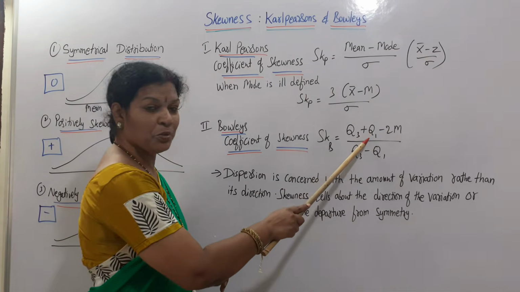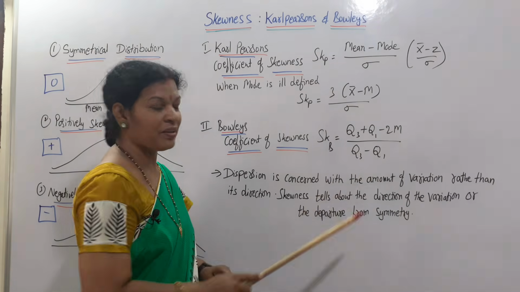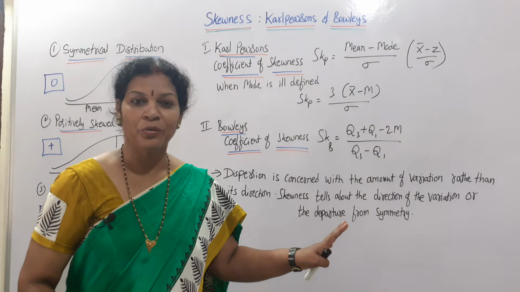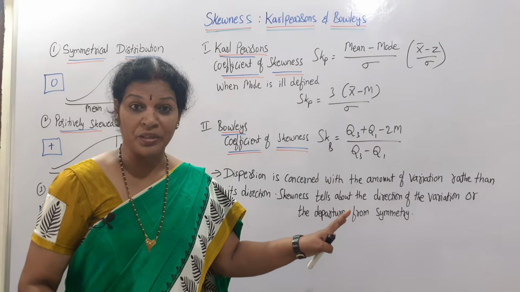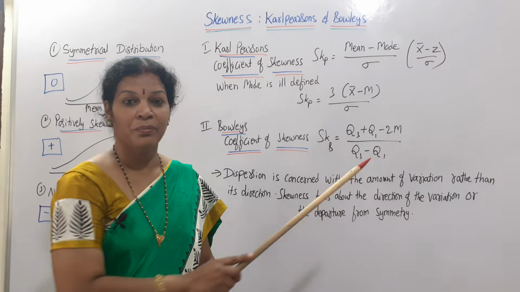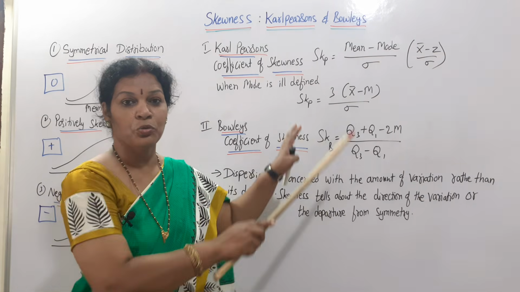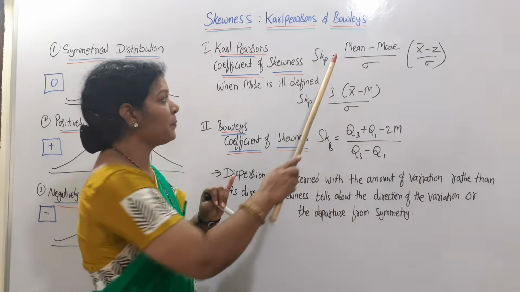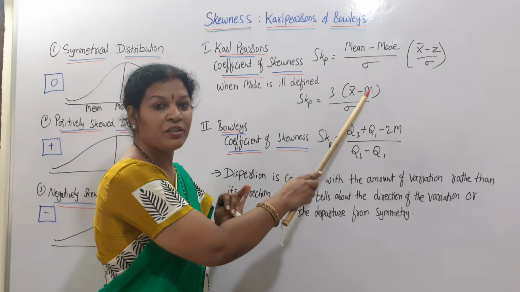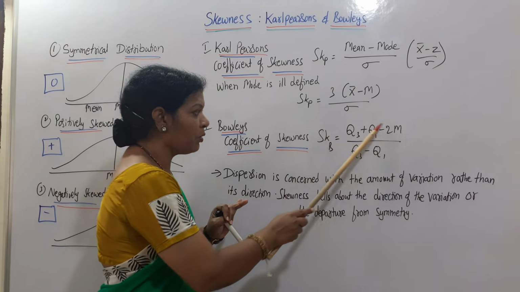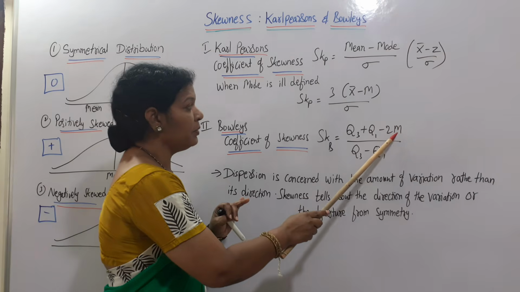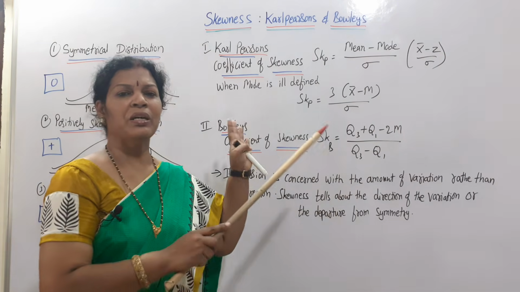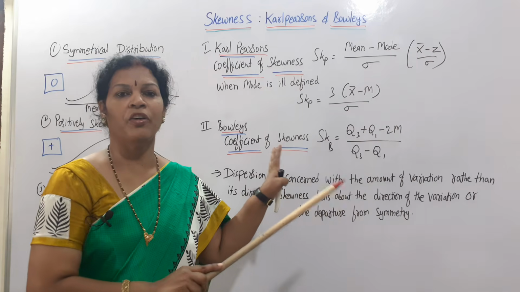Here the numerator is Q3 plus Q1 minus 2 median, and the denominator is Q3 minus Q1. That's all, simple. We know the calculations of x bar, mode, standard deviation, Q1, Q3 and median. Everything we have already learned. Just calculate those and put them in the formula, that's it.